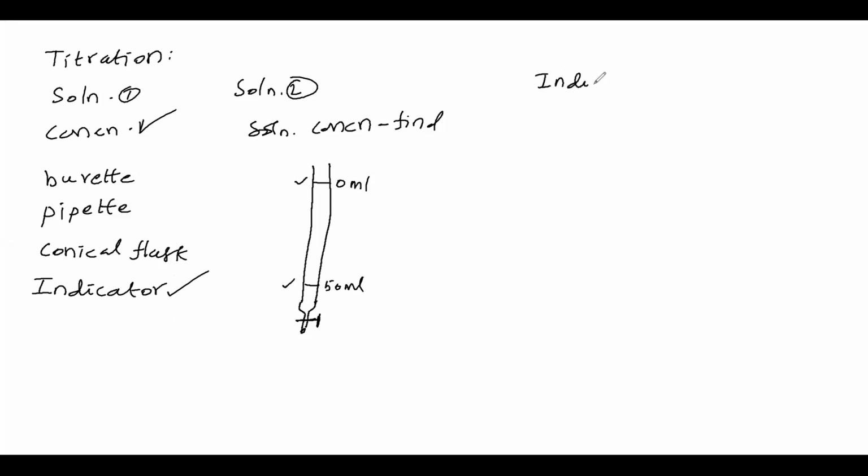What is the use of this indicator? The indicator shows a change in color at the equivalence point. The indicator can be an external substance, otherwise self.